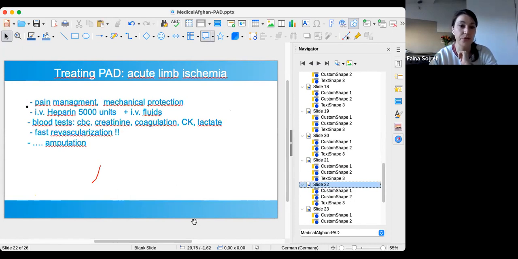What can you do to stabilize the patient? First of all, be generous using painkillers. What we usually do is use opioids to achieve some control of the symptoms. And please wrap that extremity in nice clean bandages and nice warm cotton wool in order to prevent any further mechanical damage.